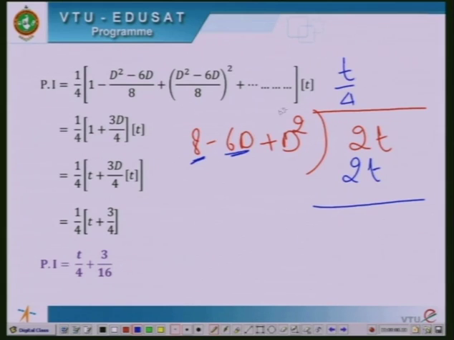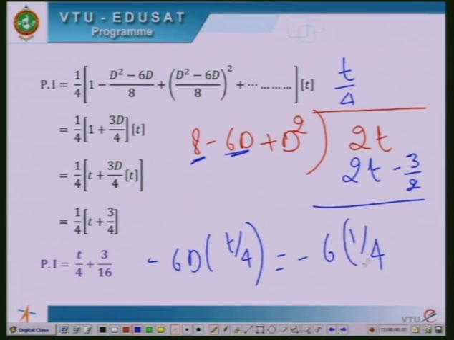D stands for derivative, derivative of t by 4 is 1 by 4, 1 by 4 multiplied with minus 6 is minus 3 by 2. This part, minus 6d operated on t by 4, gives minus 6 times derivative of t by 4, which is 1 by 4, which is minus 3 by 2.